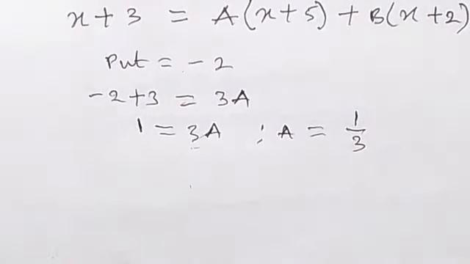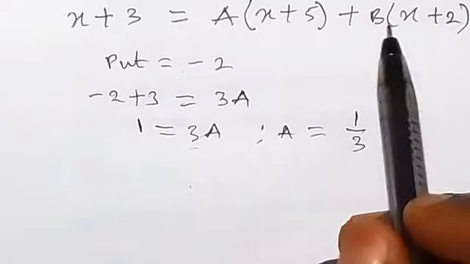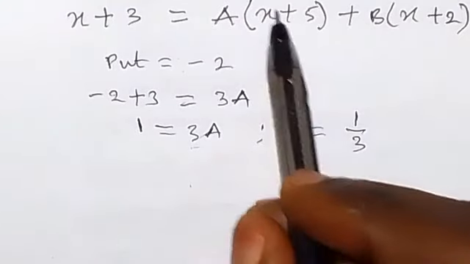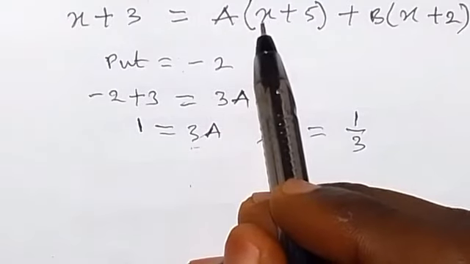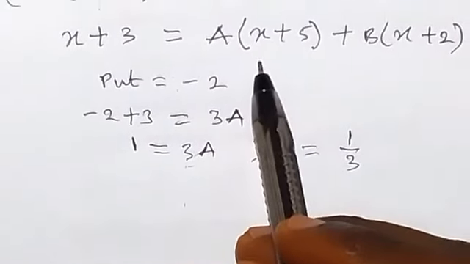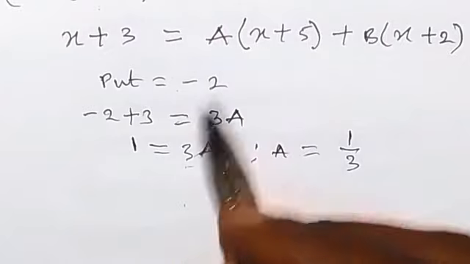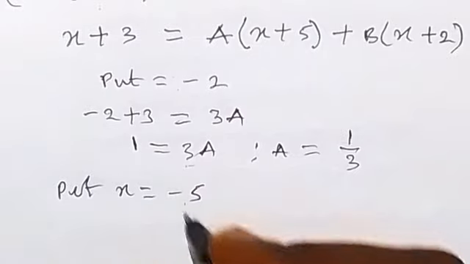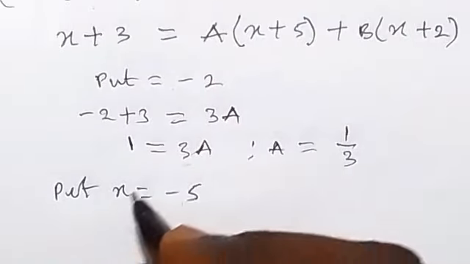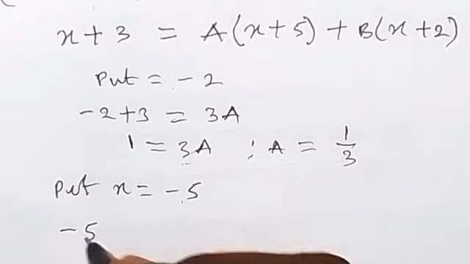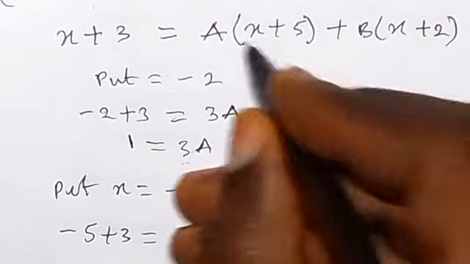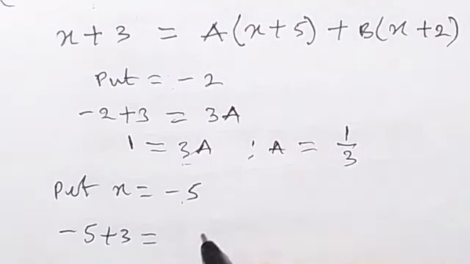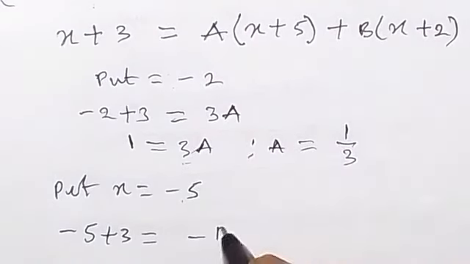And since we get a to be 1 over 3, we can get b as well. To get b, we eliminate a in this case. Let's put x equals minus 5 here, because a will now become 0. When you put x equals minus 5, our equation becomes minus 5 plus 3 equals a times 0, now we have minus 5 plus 2, that's minus 3, so this side will be minus 3b.